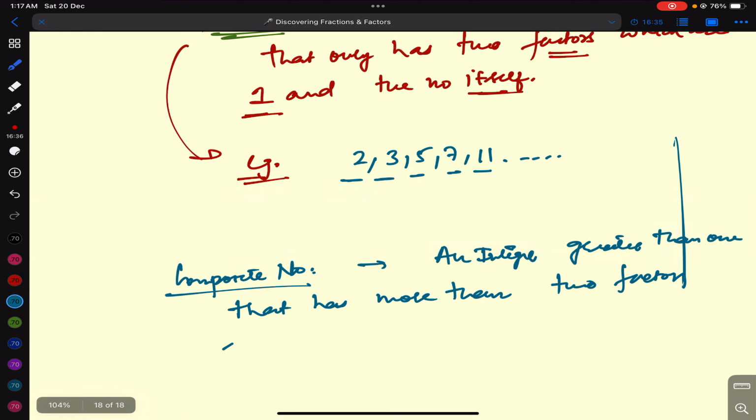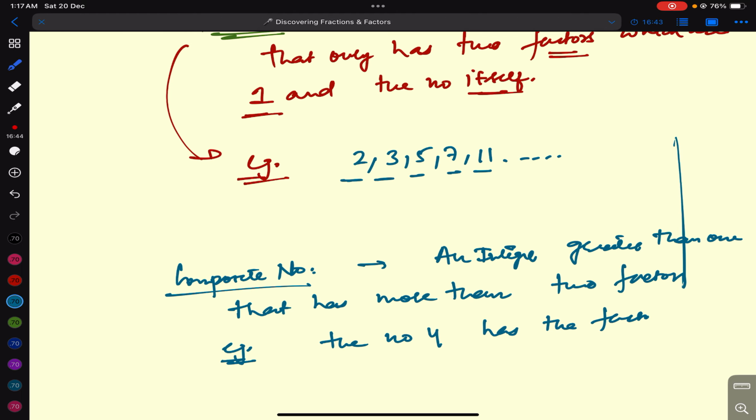For example, the number 4 has the factors 1, 2 and 4. So number 4 has 3 factors, 1, 2 and 4.